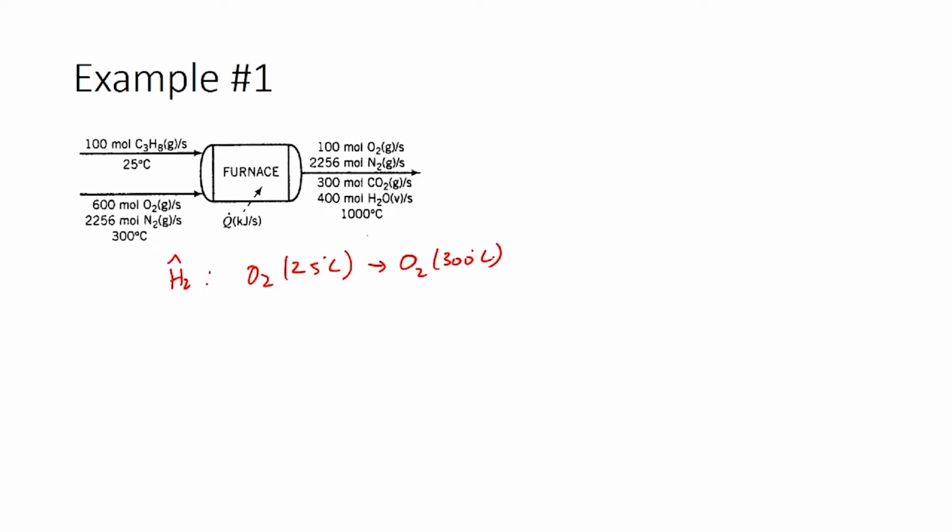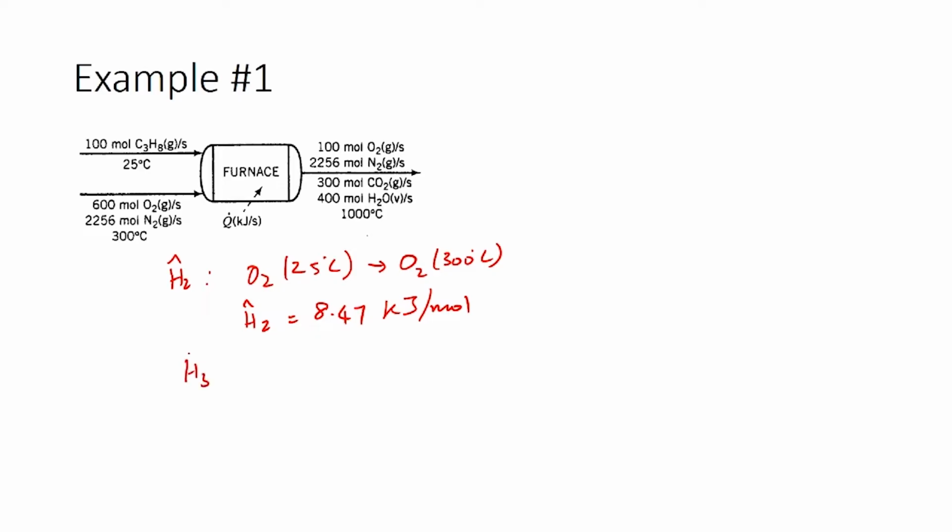This value can actually be obtained from the enthalpy table for combustion gases. It can be obtained from Felder-Rousseau in table B8, and it can be obtained from other textbooks and handbooks as well. So, H2 cap equals 8.47 kilojoules per mole.